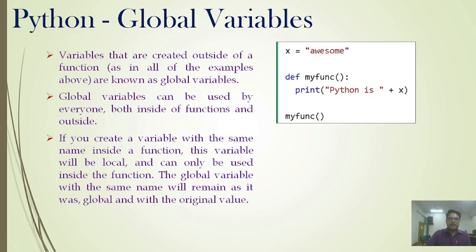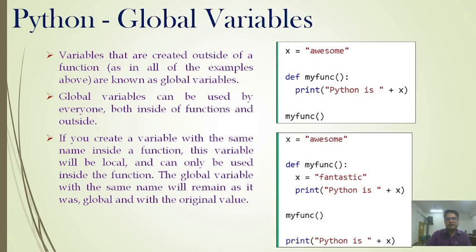So in such a way I can use it inside and outside of the function. And if you create a variable with the same name inside a function, this variable will be local and can only be used inside the function. The global variable with the same name will remain as it was, global and with the original value.